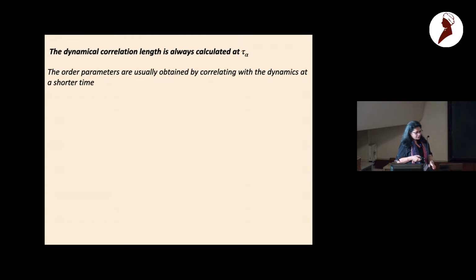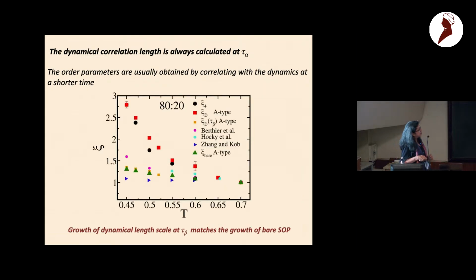So now if I calculate a correlation length, and Smarajit, it's not the same dynamical correlation length as you do, it's not the vectorial one. If I calculate a dynamical correlation length at tau beta and not at tau alpha, then I find that it grows, the yellow curve here, similar to my static length scale.